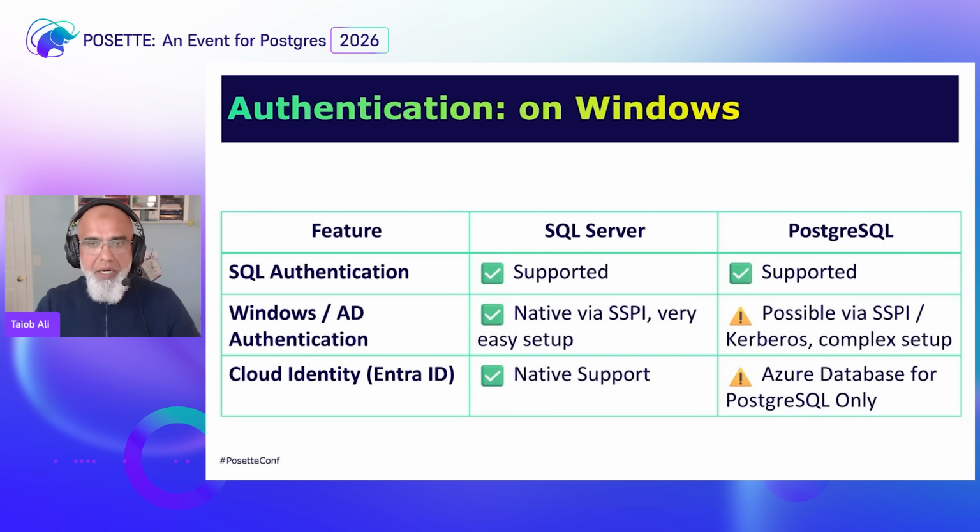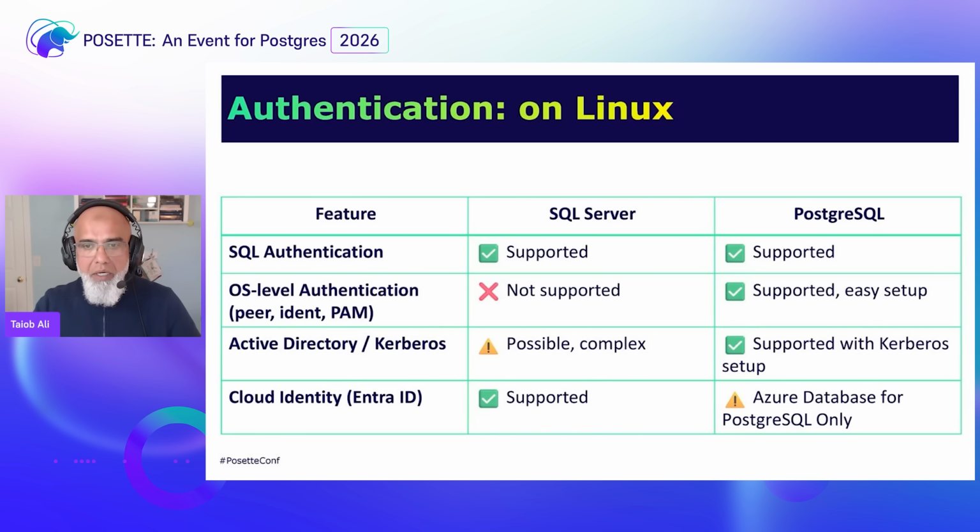So if you are doing Windows authentication, depending on whether your Postgres is running on Windows or Linux, you can definitely consult these two slides, and you have some idea about authentication, what's easy to implement, what will be difficult, and where you have to do some custom stuff. And some are not supported at all, as you can see in the second column.